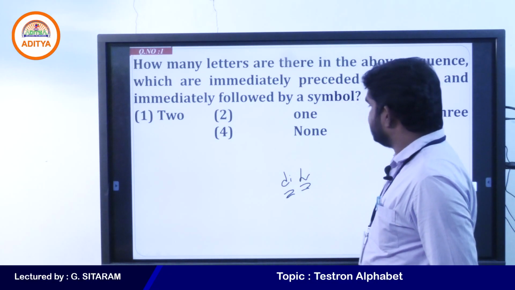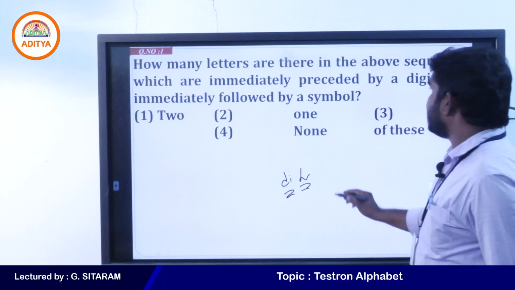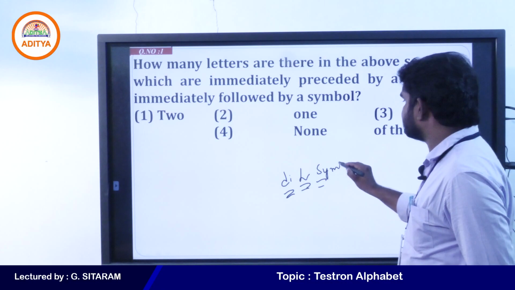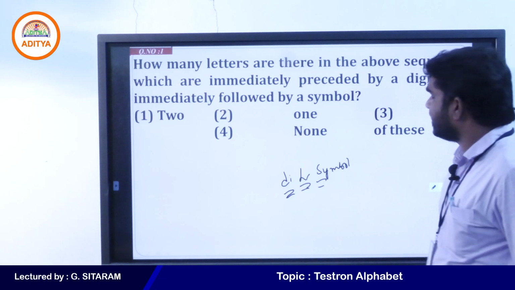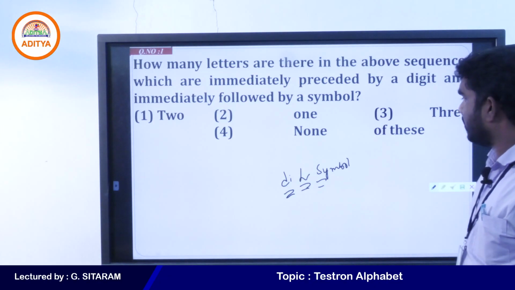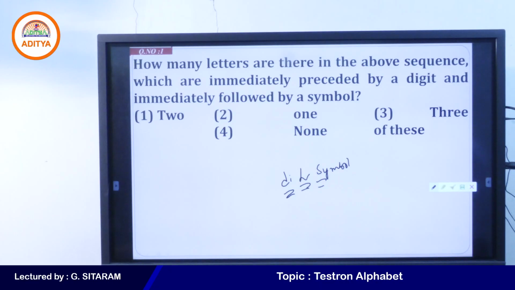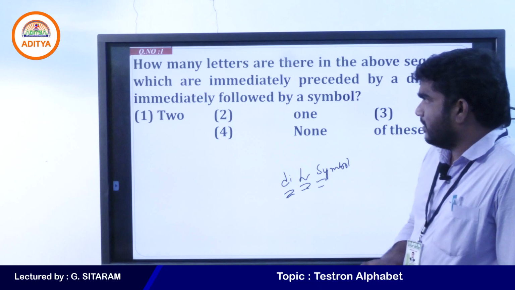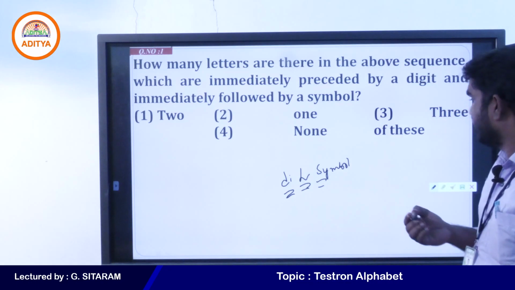Immediately preceded by a digit and immediately followed by a symbol. You have to just count like this. How many letters are there which are immediately preceded by a digit and immediately followed by a symbol?